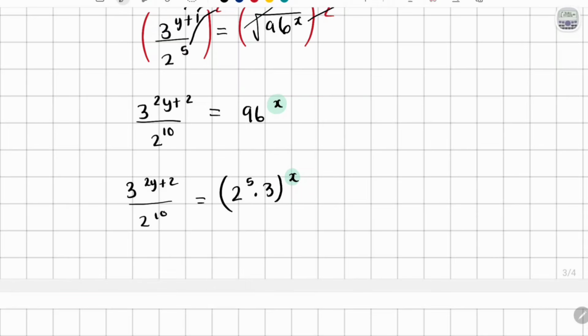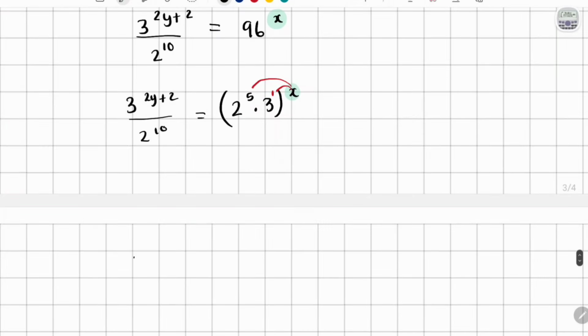On top of the 3, we have an invisible exponent of 1. The x is going to multiply with the 5 and the 1. So we have 3 to the power of 2y plus 2 over 2 to the power of 10 is equal to 2 to the power of 5x multiplied by 3 to the power of x.